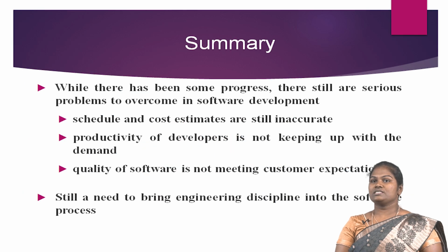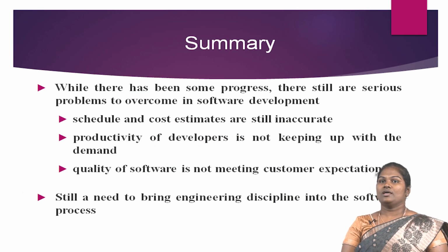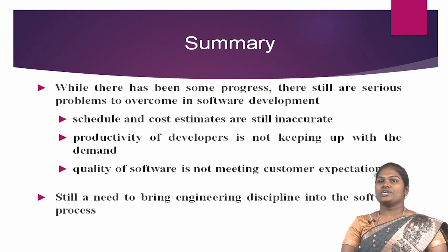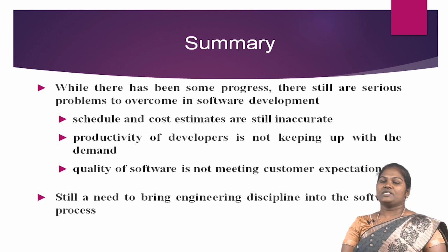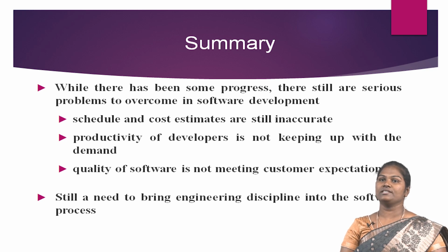The software crisis is characterized by many problems: the lack of defined requirements and the constant changes to requirements that are known. Schedule and cost estimates are often grossly inaccurate. The productivity of software developers hasn't kept pace with the demand for their services, and the quality of software is sometimes less than adequate.